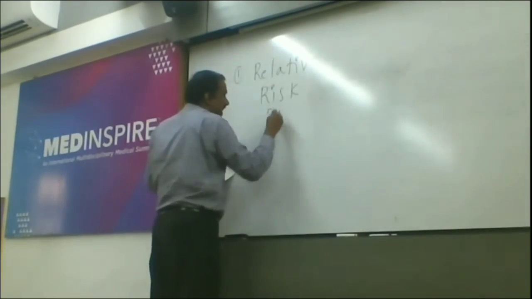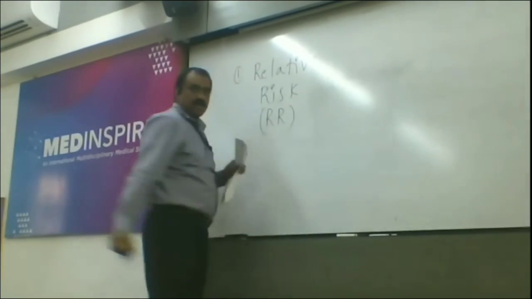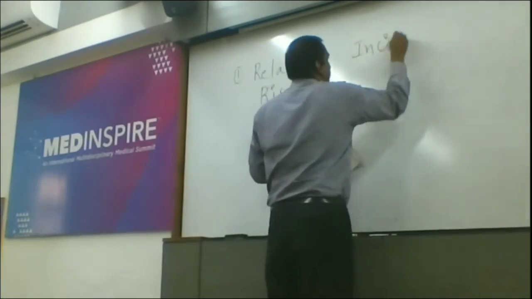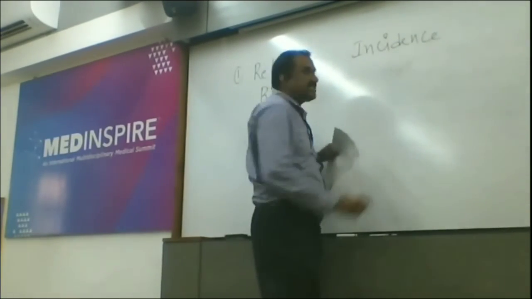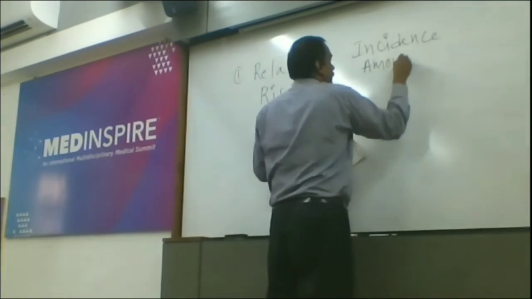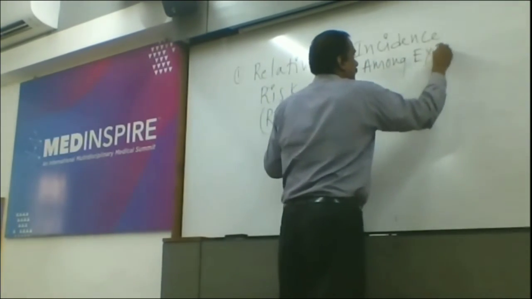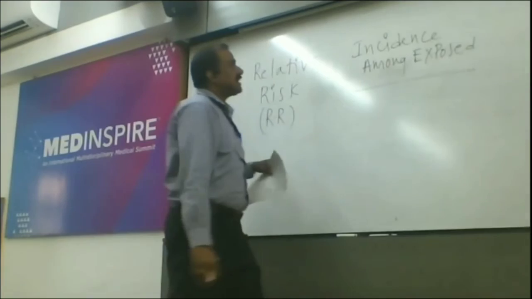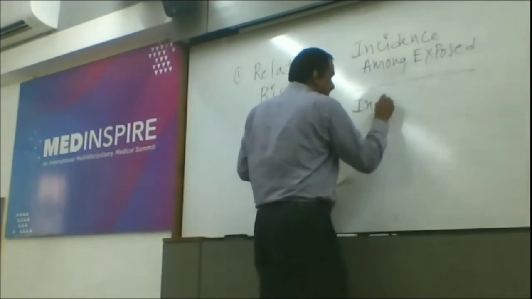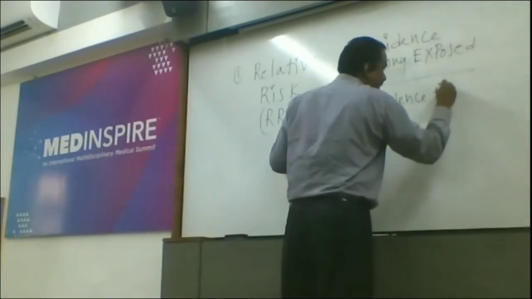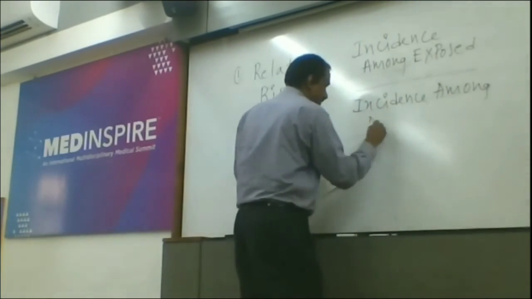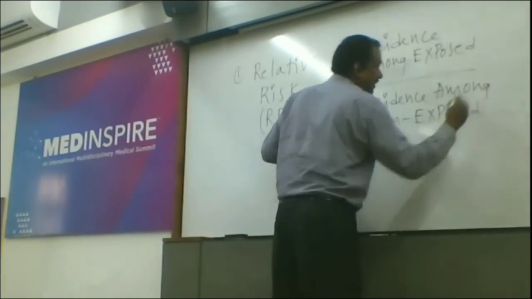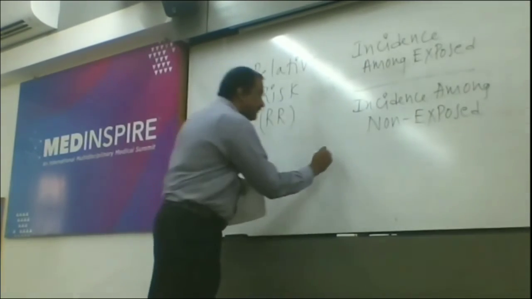So relative risk means RR. The formula to find out the relative risk is incidence among exposed to a disease divided by incidence among the non-exposed to the disease.